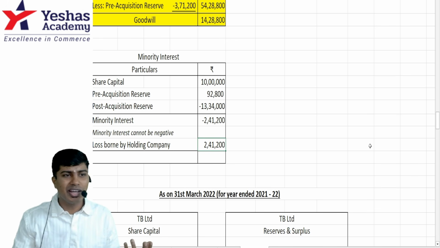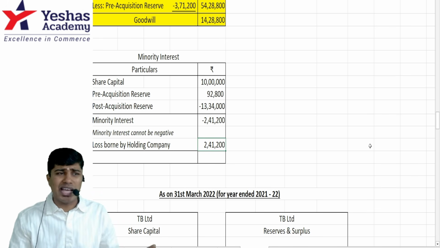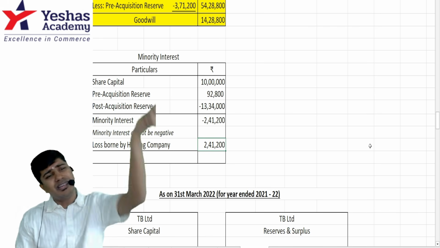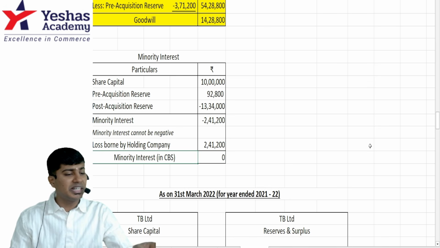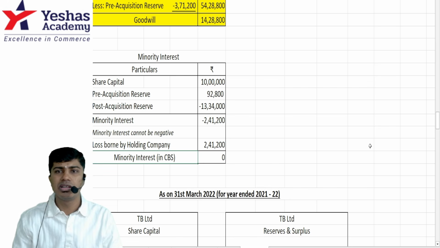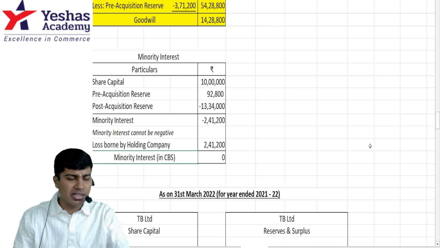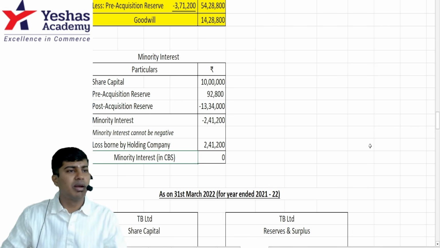That's it. Are you getting it? Yes. Do it normally. If they ask CBS, this 241,200 deducted from revenue reserves in the consolidated balance sheet. Minority interest in CBS, consolidated balance sheet, will be 0. Done. One more mark in your pocket.